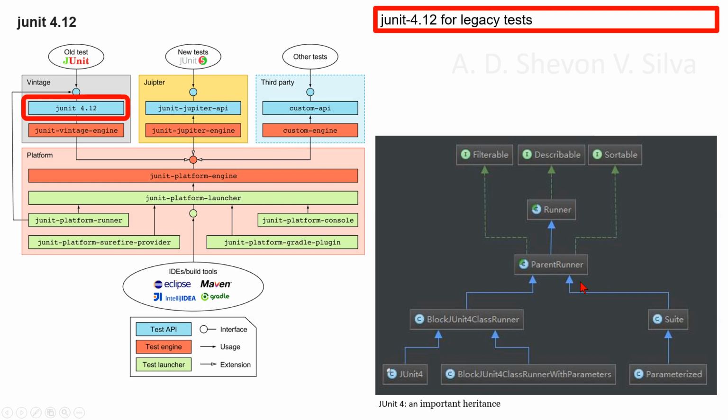Subclasses must implement finding the children of the node, describing each child, and running each child. ParentRunner will filter and sort children, handle @BeforeClass and @AfterClass methods, handle annotated class rules, create a composite description, and run children sequentially.